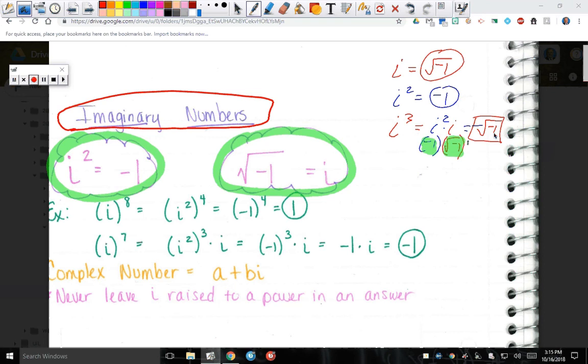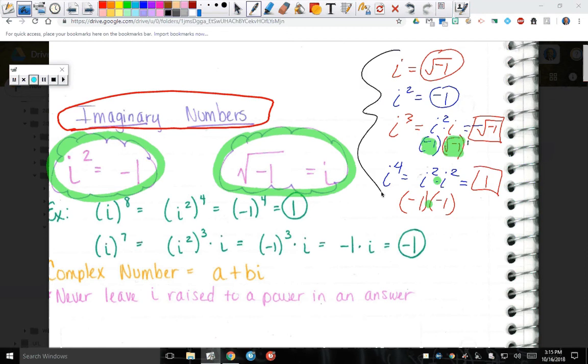Now, let's develop how would you get i to the 4th. i to the 4th is i squared times i squared. What's i squared anyway? Negative 1. Another i squared is negative 1. And if we are multiplying, because that's what we're doing here in between, then we would get a positive 1. So this happens in a pattern, guys. If I asked you, what is i raised to the 6th?